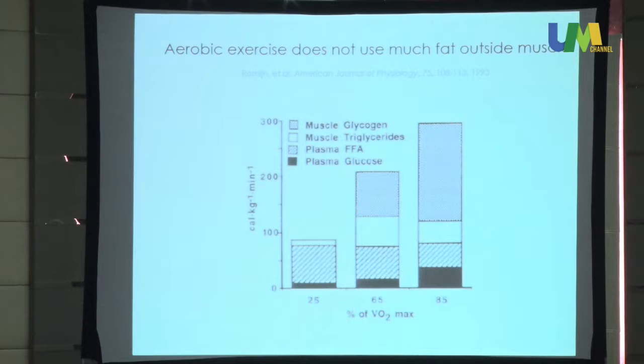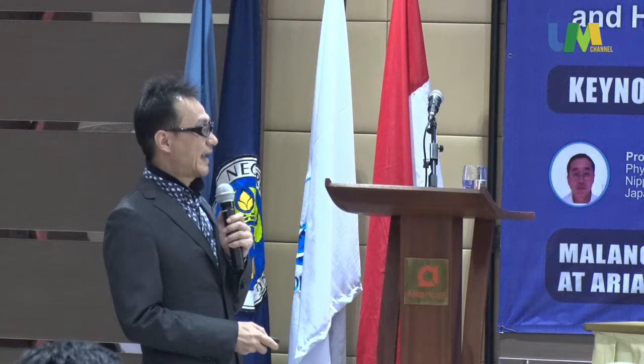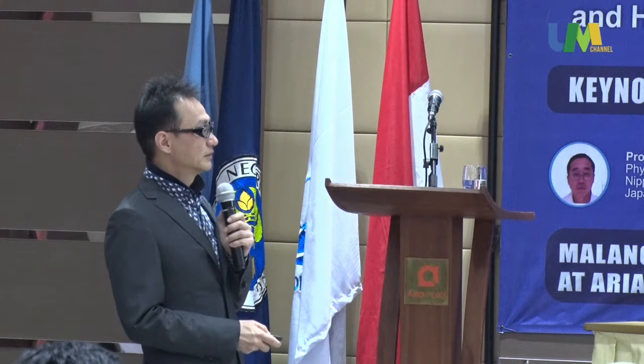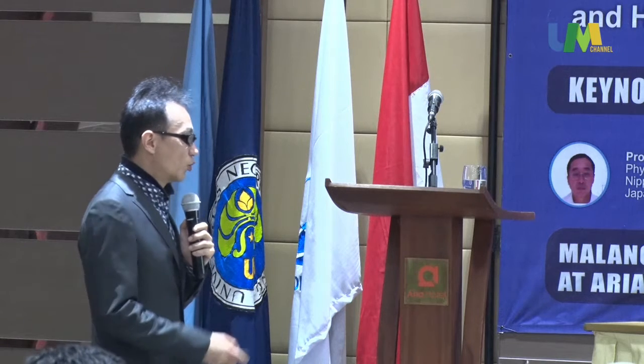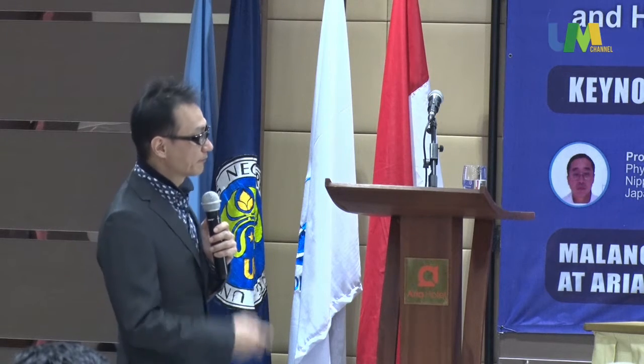Okay? This is low intensity, moderate intensity, and high intensity exercise. As you can see, high intensity exercise has higher absolute caloric expenditure. The energy expenditure is 3 times higher compared to the 25%. This is like walking, okay?